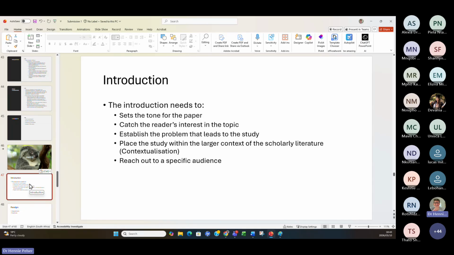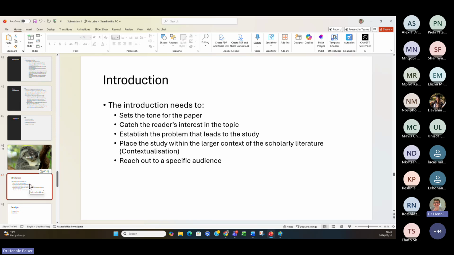Before I even look at the slide, I think an introduction does three things. It grabs someone's attention, it gives a person a reason to read further, and it gives us a roadmap that we intend to follow in this particular document. There are a couple of important things in terms of the introduction.